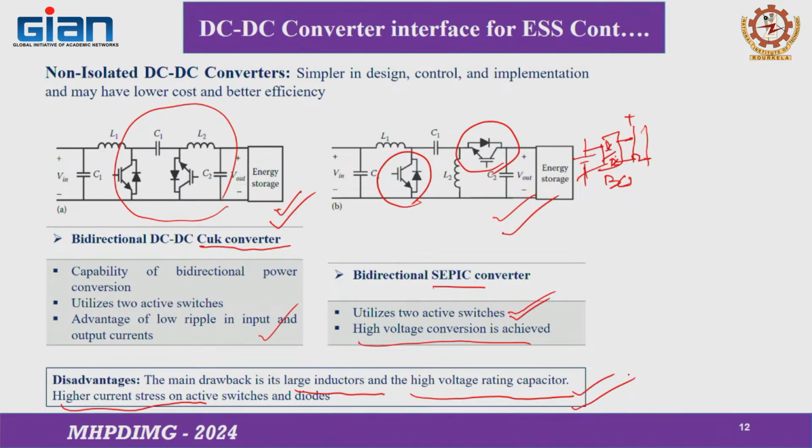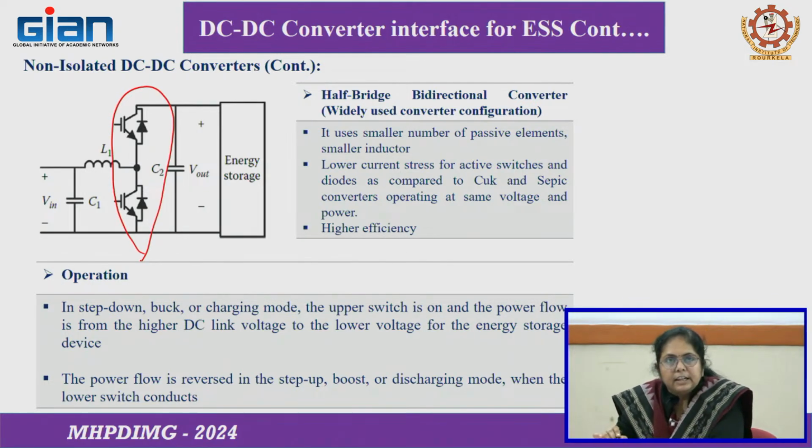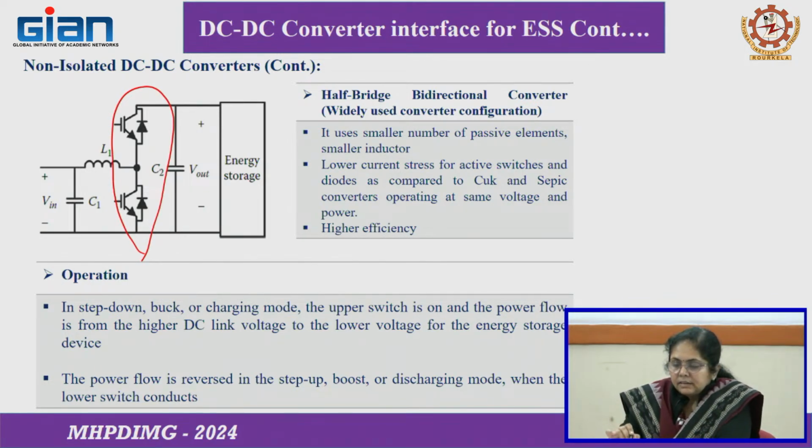The most commonly used and simple configuration having the advantages is the half bridge topology, which uses a single leg, and the number of passive elements is less compared to the Cuk and SEPIC converters. That is the advantage we are seeing here.